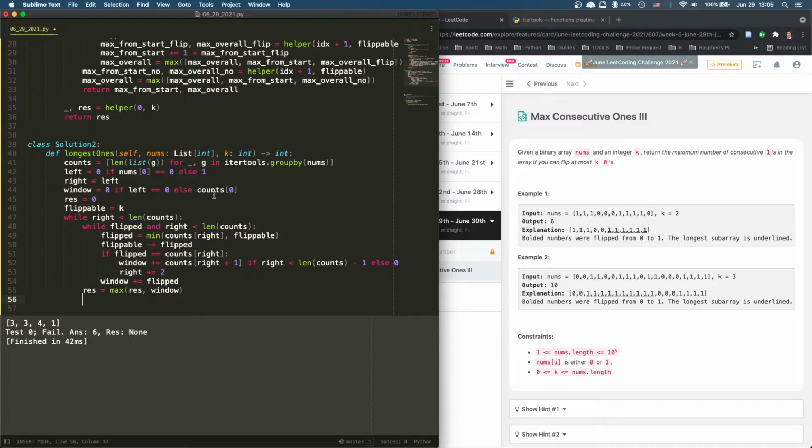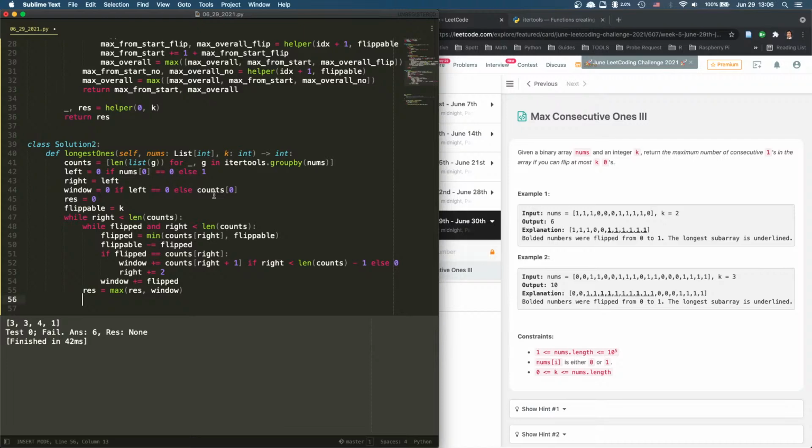How do we reduce the number on the left? So right coming in, we already filled it, and we start going. We move the left forward, and we give more to flippable, right?